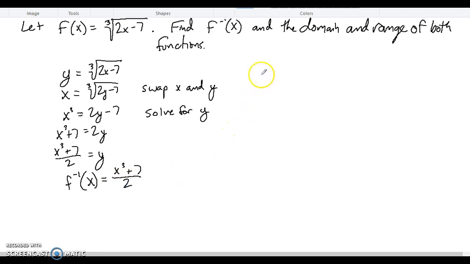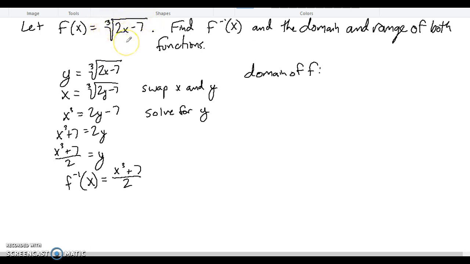Okay, now let's start with the domain of f. Well, what kind of a function is this? You'll recognize from Chapter 2, this is what we call a root function or a radical function. So in order to determine its domain, the first thing I have to look at is the index.